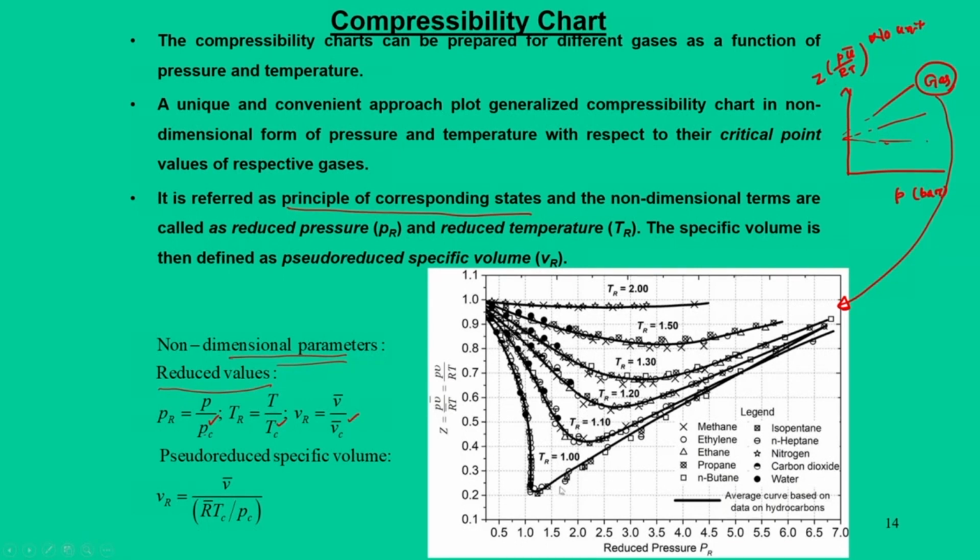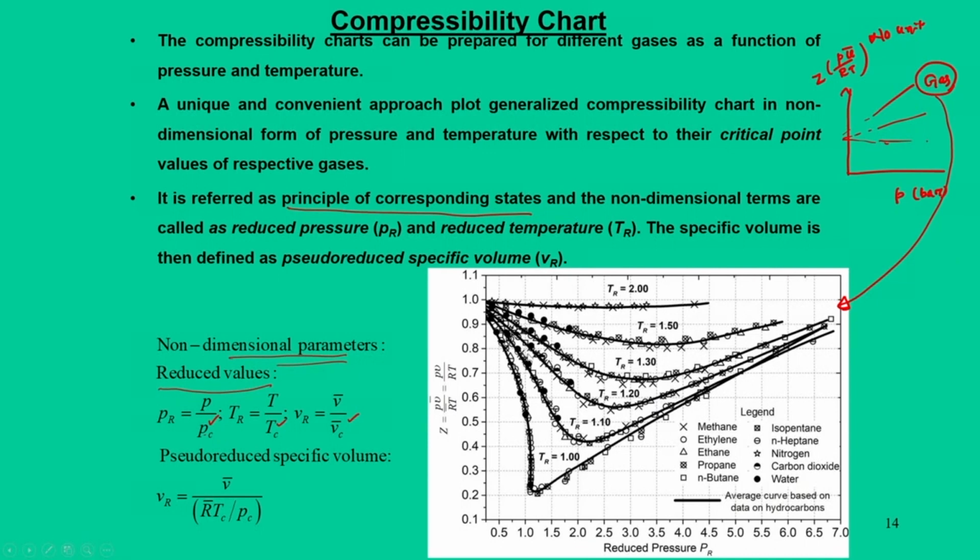Likewise, for different gases one can have a set of data, and that data we can get for different temperature ratios. If you look at one particular temperature, let us say TR of 1.2, then on this TR of 1.2 we have data for methane, ethylene, ethane, propane, nitrogen, oxygen, all sorts of things.